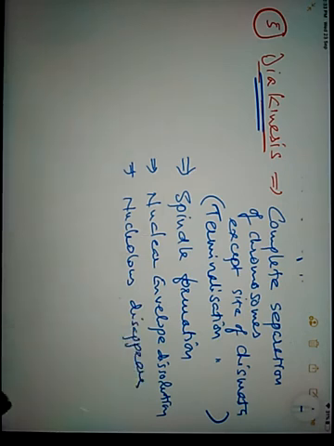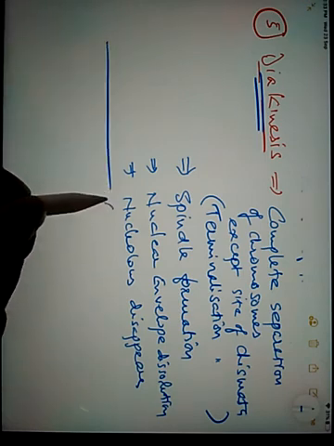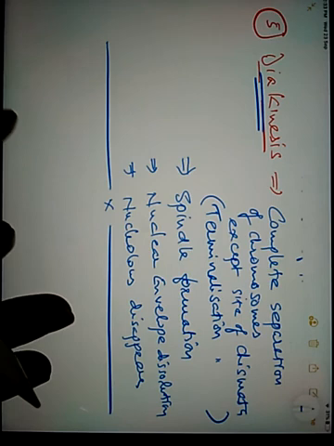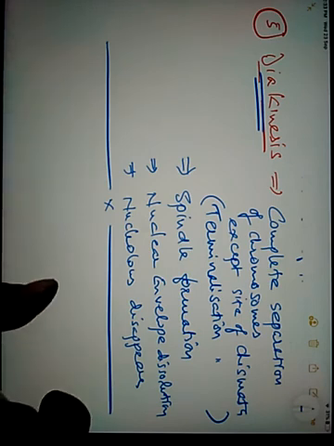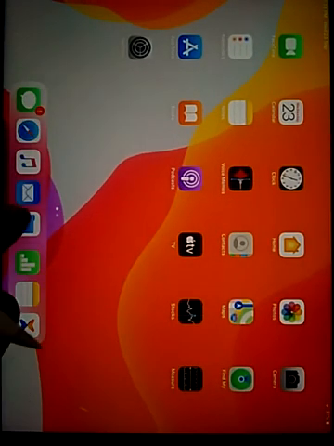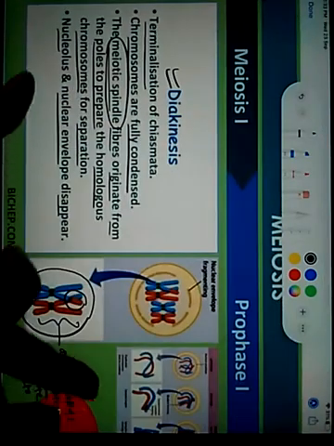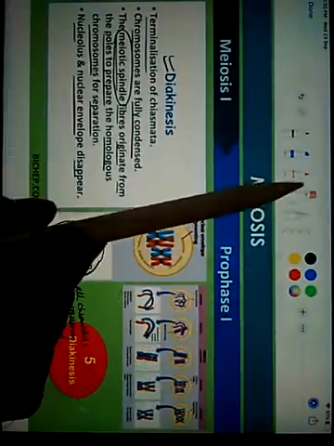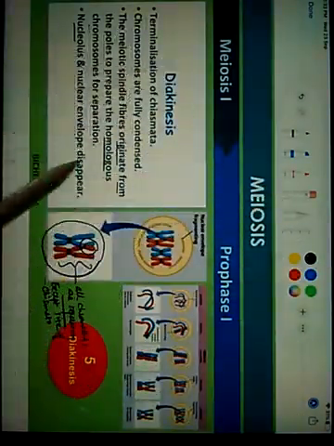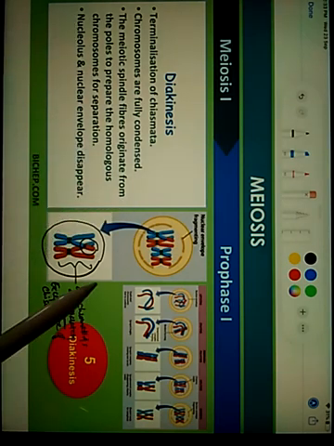So these are the changes happening in the diakinesis, and that's how prophase 1 is ended. So all the necessary steps which are left for prophase are completed in the diakinesis.